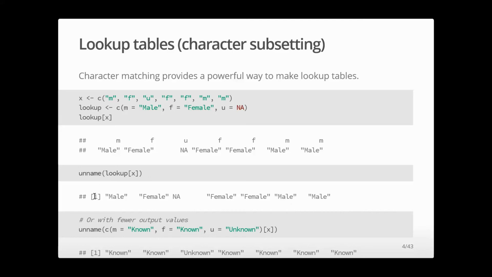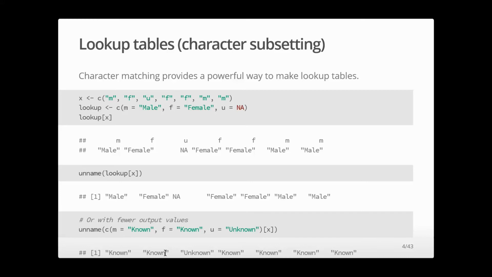It's also no problem if we have two things labeled the same thing. So here we could say m, we're going to call it known. F is also going to be called known. All right. And u will be unknown. And it has no problems, even though I'm subsetting this based on the values in x. So it looks up in this vector what's m, known.